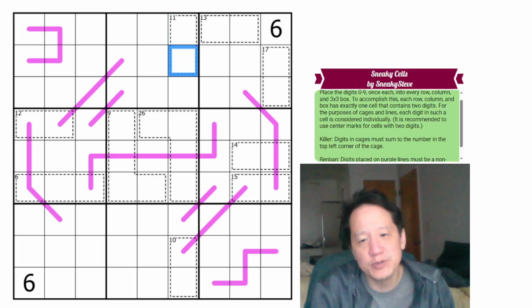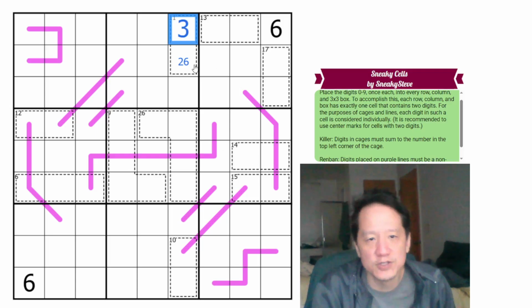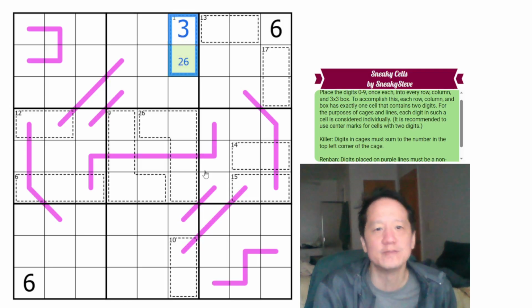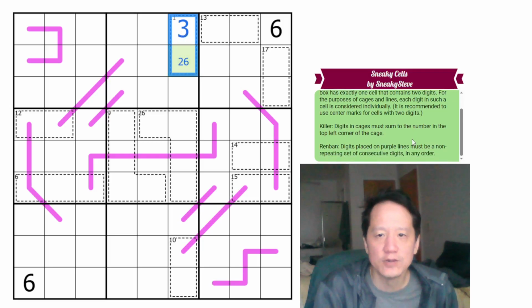As a possibility, you could have 2, 6, and this being 3, and this is a Schrodinger cell. Since we take into account all the digits, 2 plus 3 plus 6 adds up to 11. So this satisfies the cage. And that's how killer cages work.